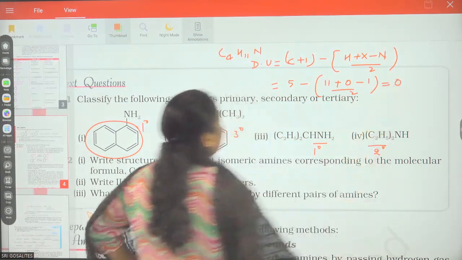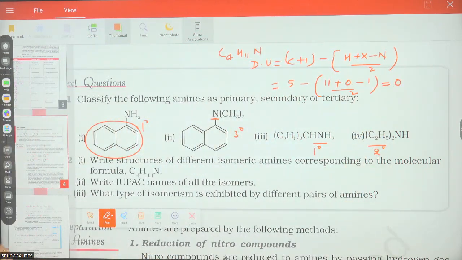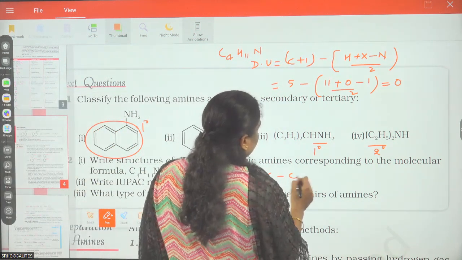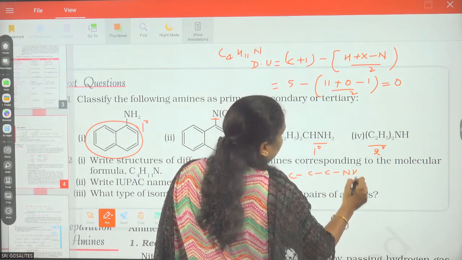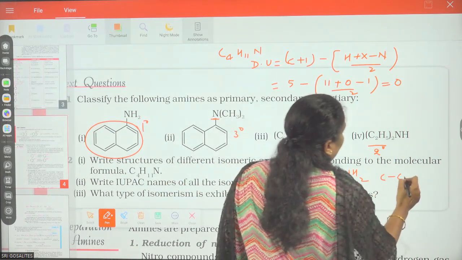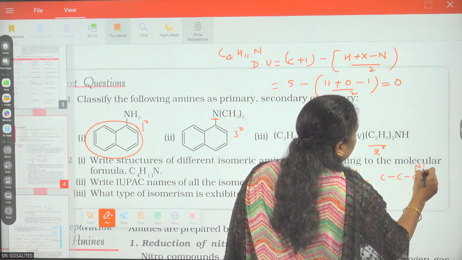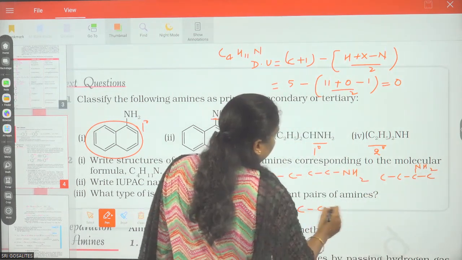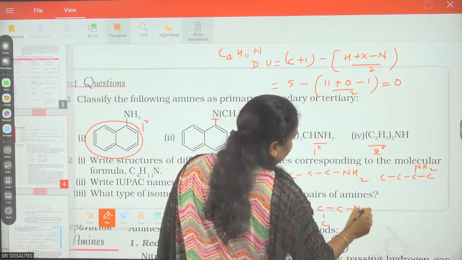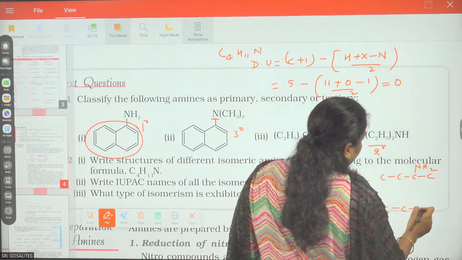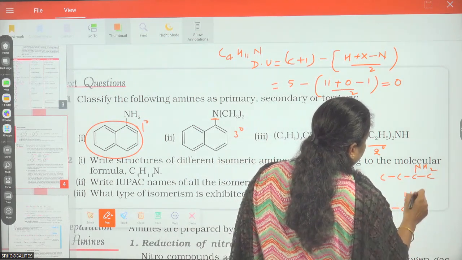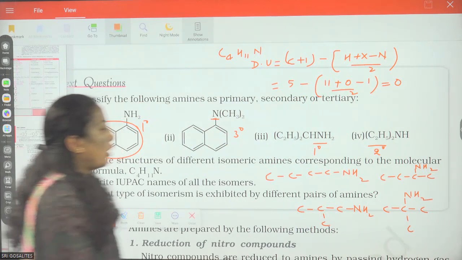So degree of unsaturation is 0, right? That means there is no pi bond or a ring. So you have to just make it like this. You can have 4 carbon containing, and with the straight chain you can have something like this NH2. With the 3 carbon chain, you can have something like this. You can also have something like this here, right? You can always check by the name.